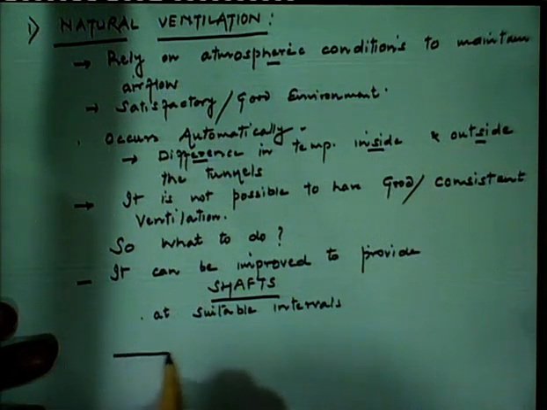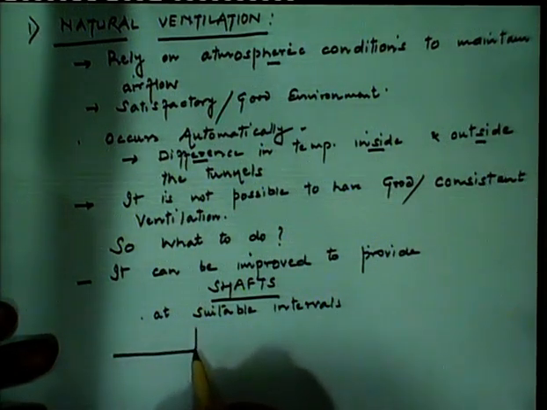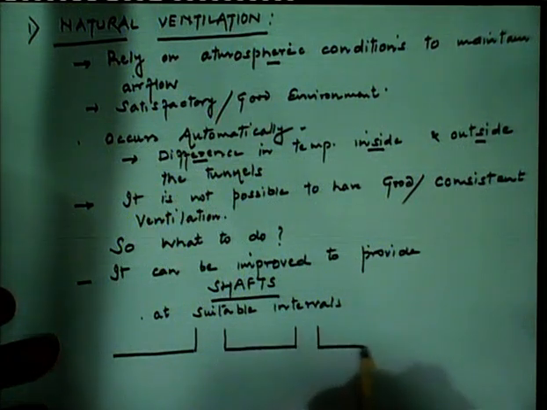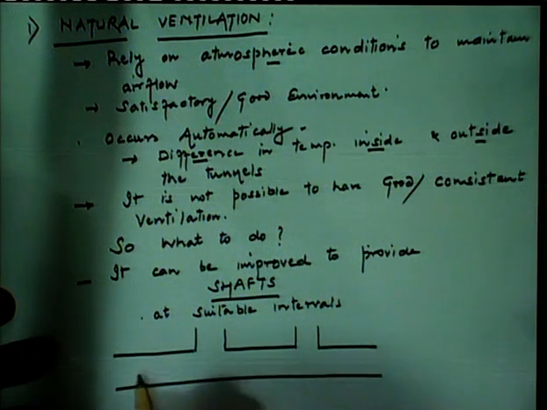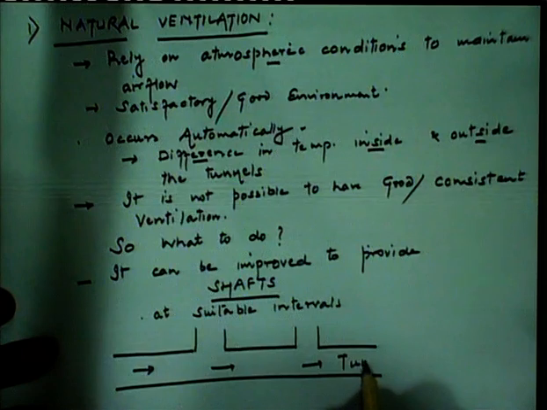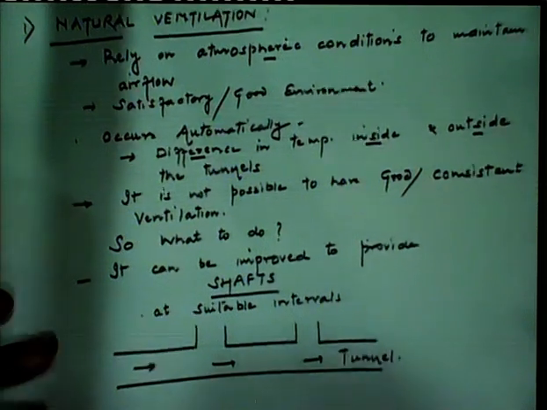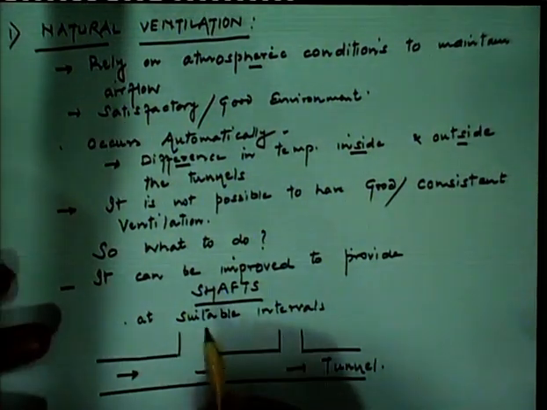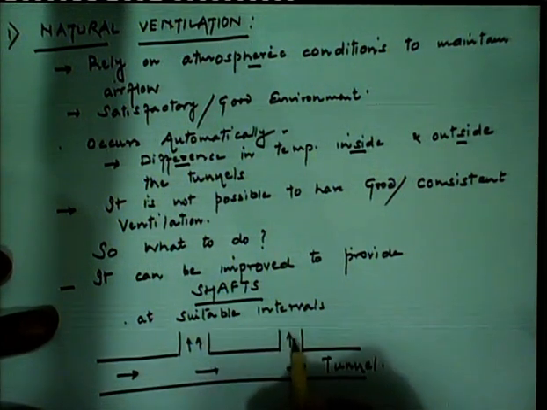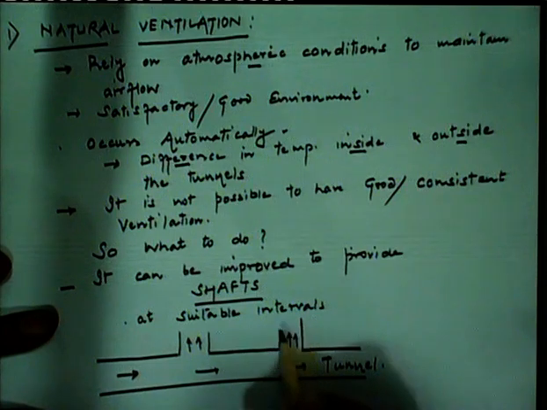Now, regarding shafts, I would like to draw a small line diagram. Suppose this is a tunnel, this is the direction of the tunnel. Now, these are the shafts, these vertical members.